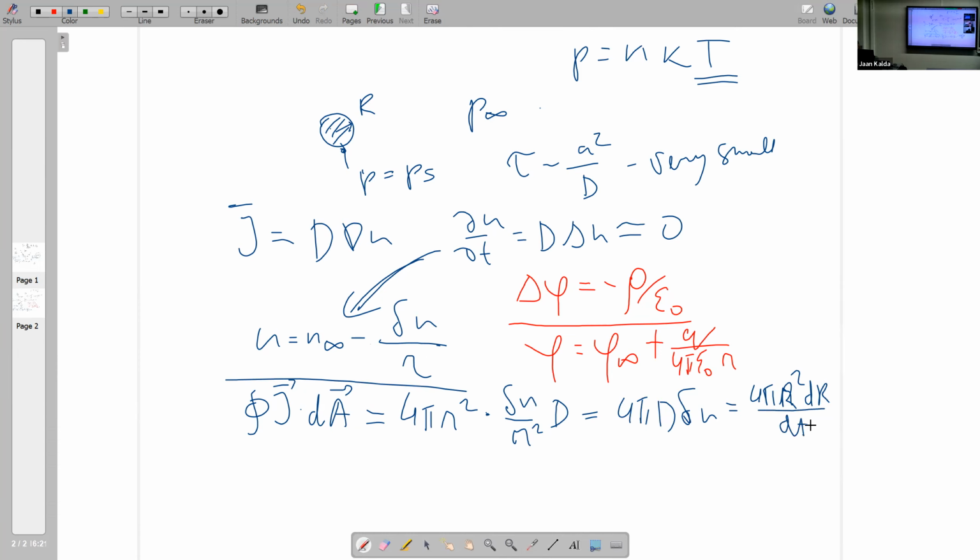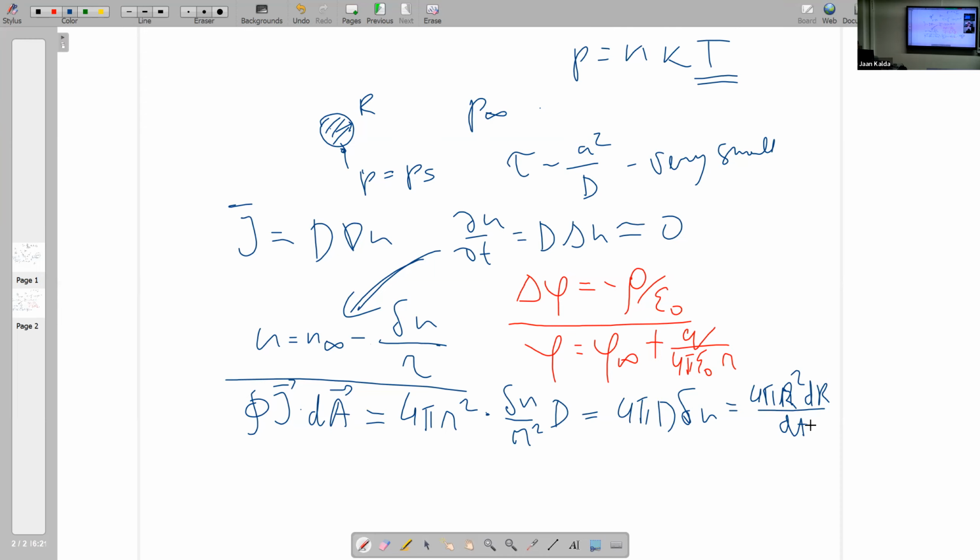And now I think we missed something. What we have here is a number of molecules, the molecules that go into the droplet. Now, we need this to relate to the volume change. On the right-hand side is the volume change rate.